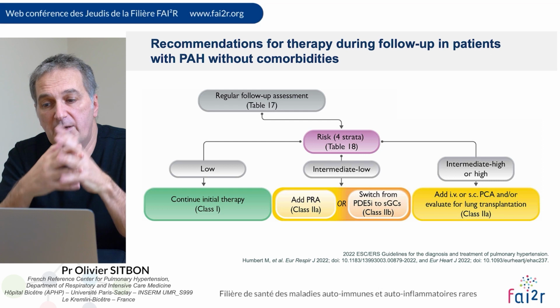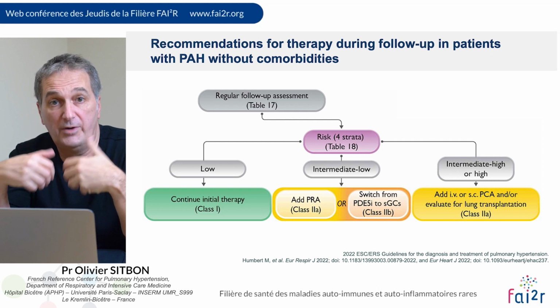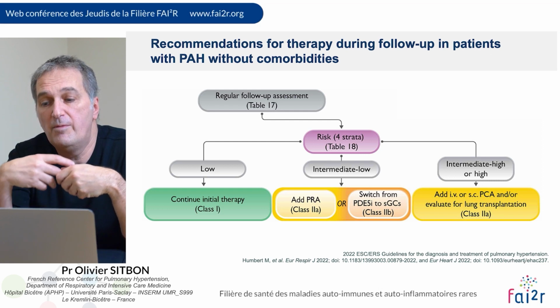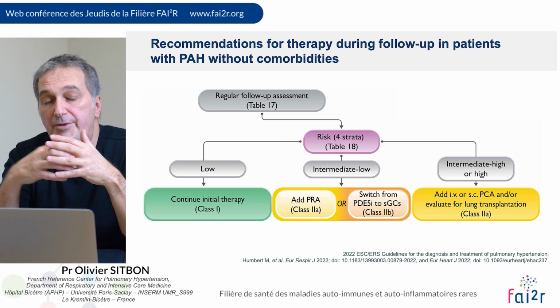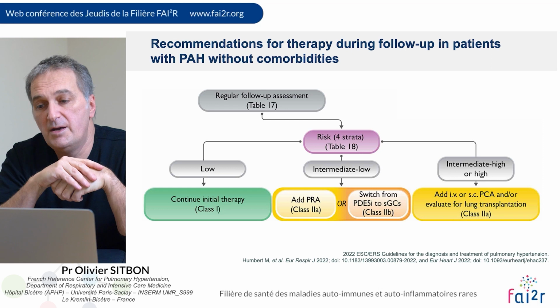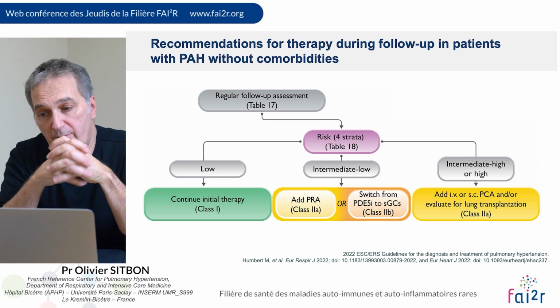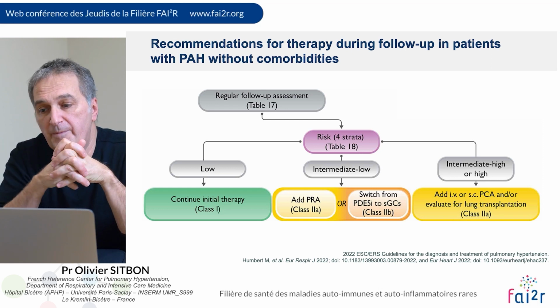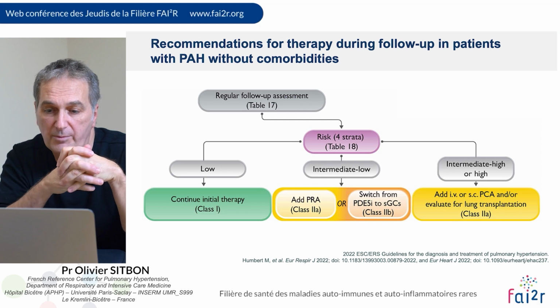For the patient at intermediate high or high risk, we have to escalate the therapy with a very demanding treatment, which is subcutaneous or IV prostacyclin, and we also have to consider lung transplantation for eligible patients.